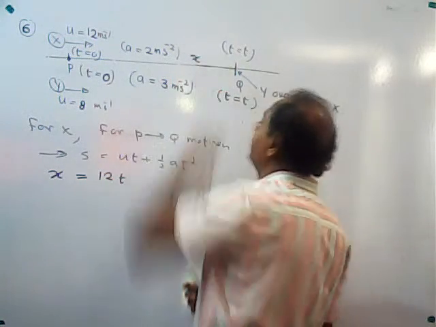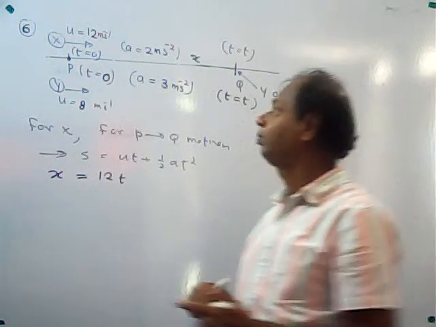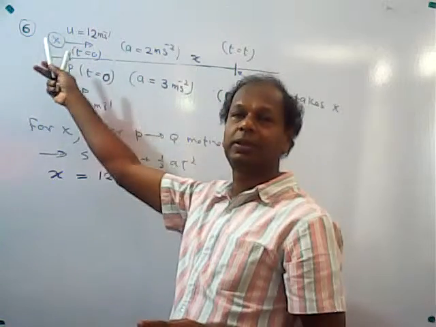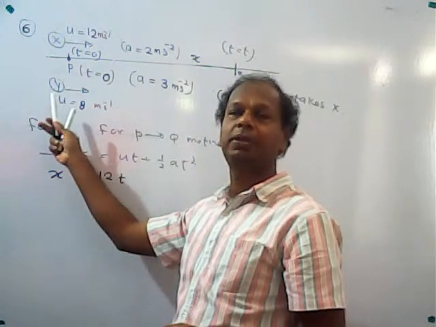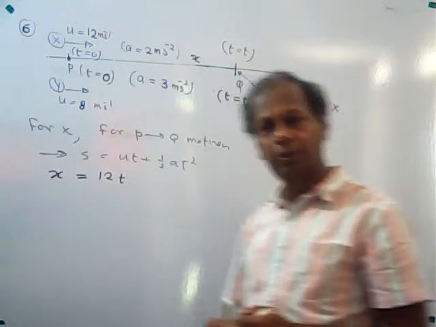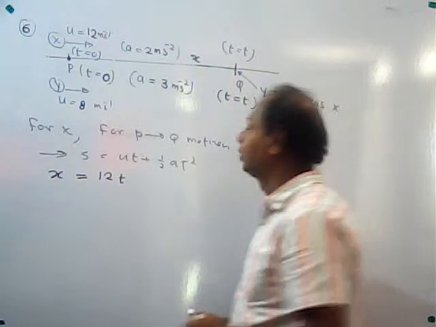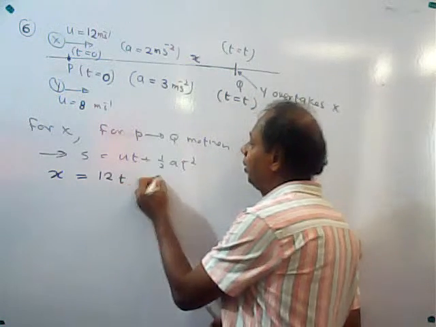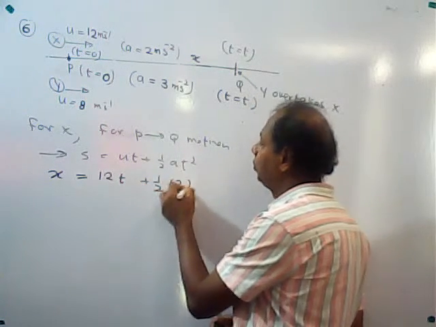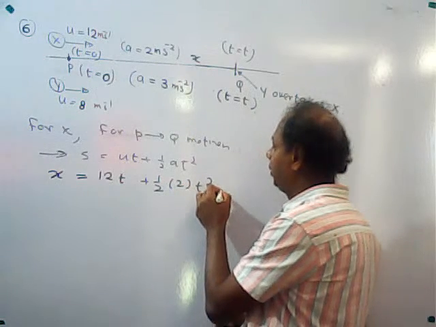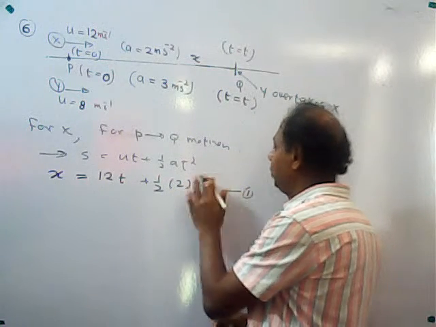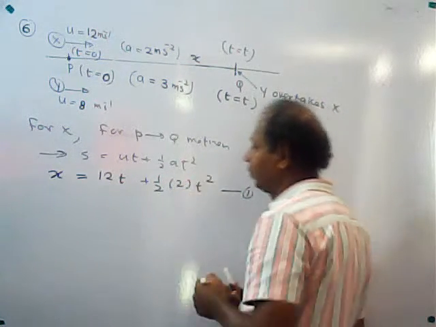Now the time interval is the same for both of them, right? To travel from P to Q. If it is t for x, it has to be the same t for y also. This is what you get applying for x.